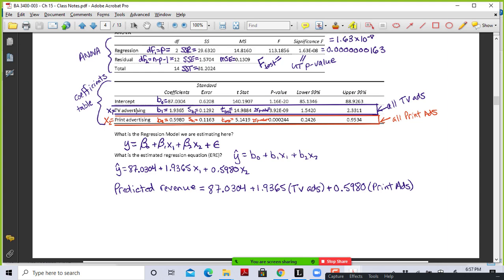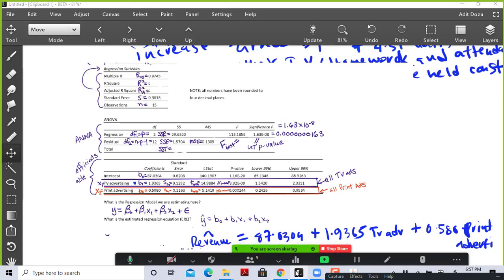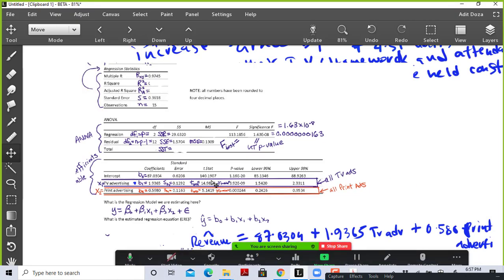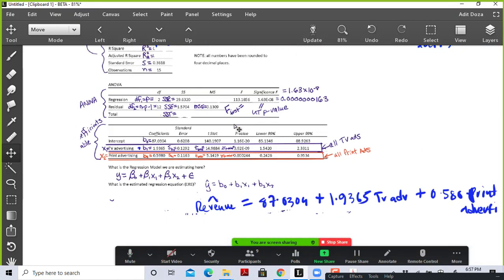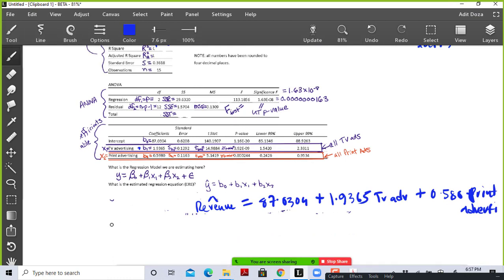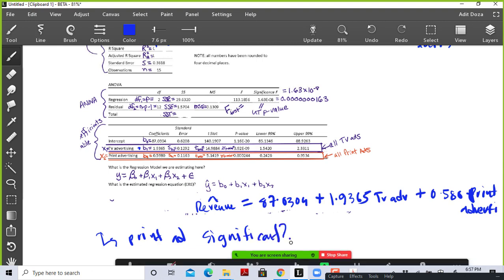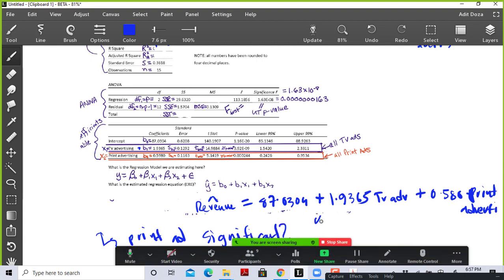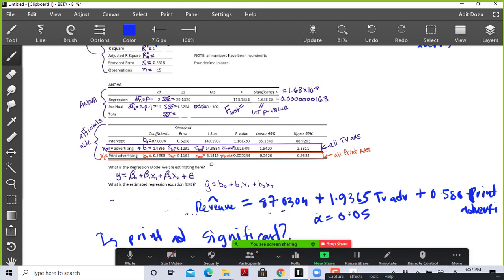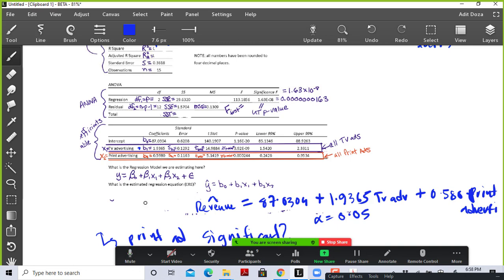Let's say I ask, is print advertisement significant? And I give you the level of significance is 0.05. So Tiffany, is it significant?